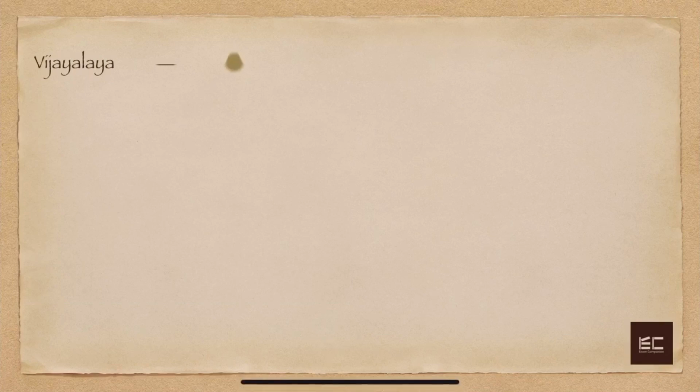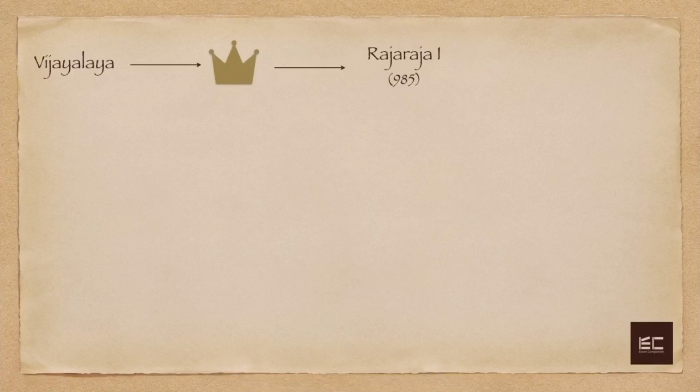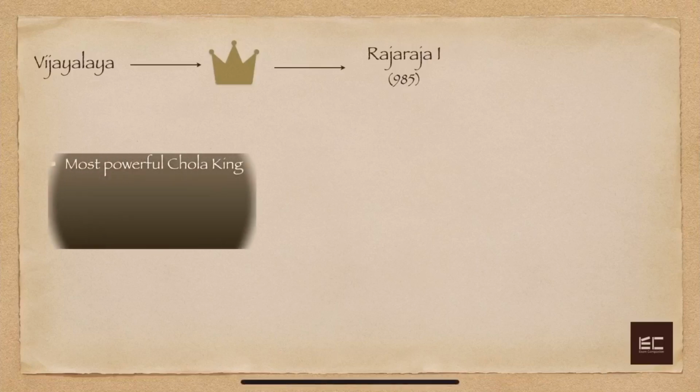Now, after Vijayalaya, many Chola kings expanded their kingdom and conquered many parts of other kingdoms. But among all these great kings, Rajaraja I or Rajaraja the Great is considered to be the most powerful Chola ruler. He became king in 985 CE and expanded control over regions of Pandya and Pallava dynasties.